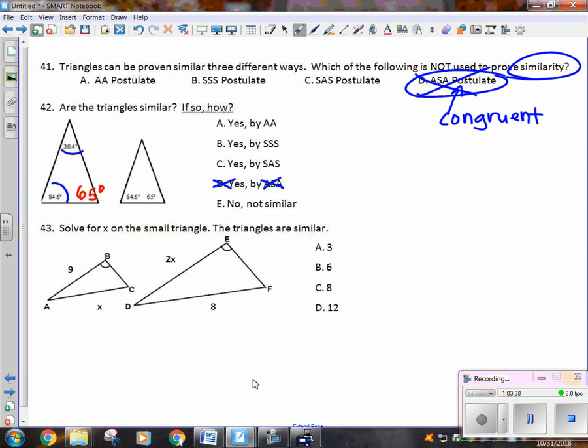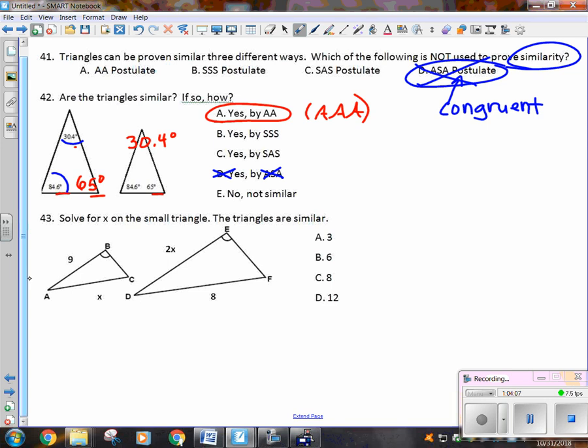Well, the other triangle has 84.6 and 65. Do I have 2 angles that are equal to 2 other angles? Yes. It didn't look at first like it would, but they are. Technically, you actually have all 3, because if this is 84.6 and 65 and 30.4, then this would have also been 30.4. You technically would have had angle, angle, angle, but you don't have to have all 3. You can stop with just 2.